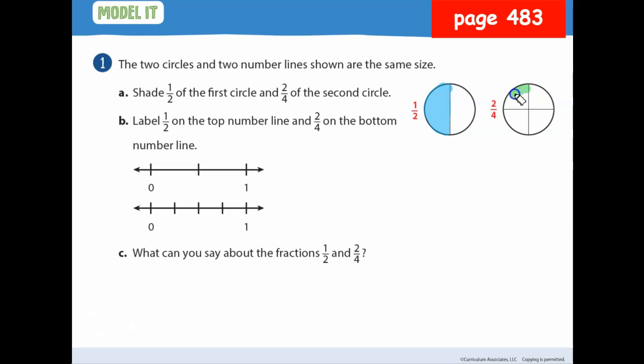And 2/4 of this one. I'm still shading the same amount, right? Then I need to label this on the number line. Okay. It says label 1/2 on the top number line and 2/4 on the bottom number line.